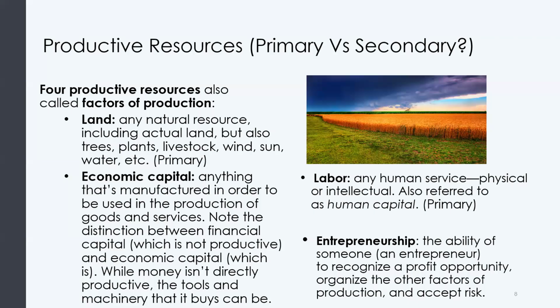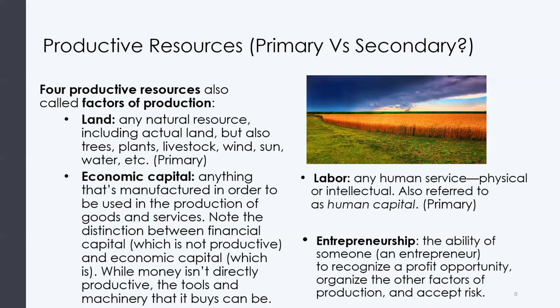So number 3, economic capital. The word that we put there, economic capital, is intentional because there is what is called financial capital. Financial capital is not part of the four factors of production in economics. I'll repeat. We said economic capital. Why did we use the word economic?